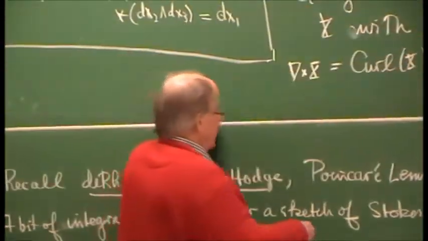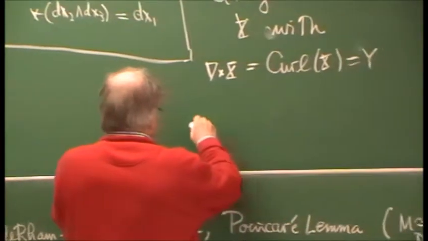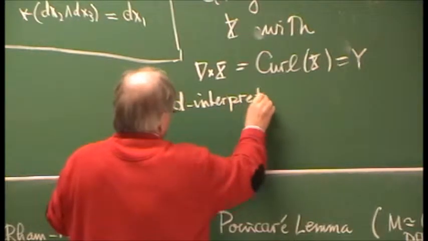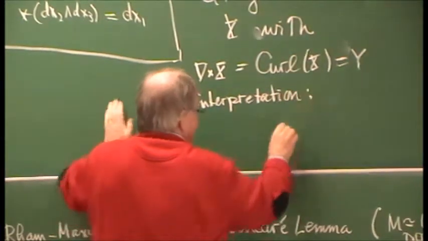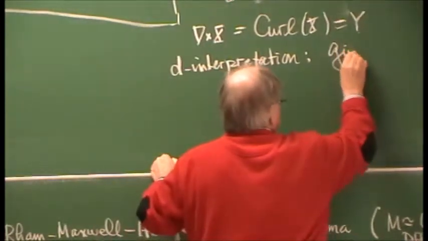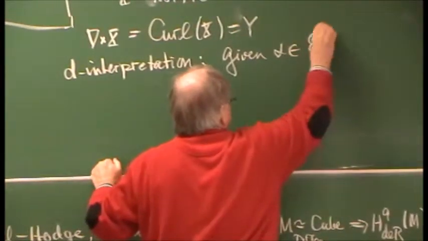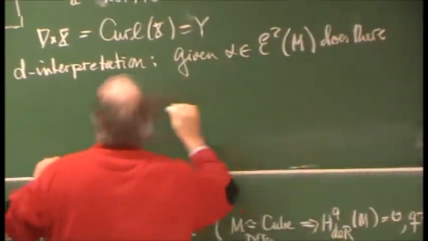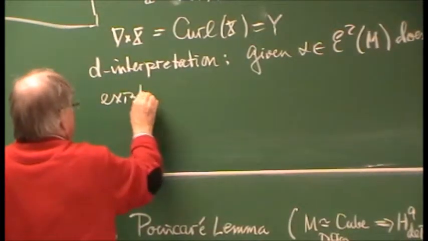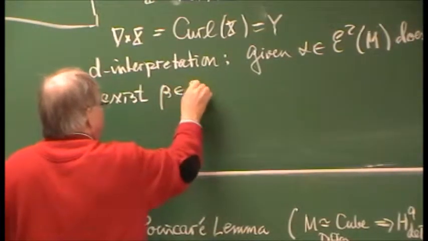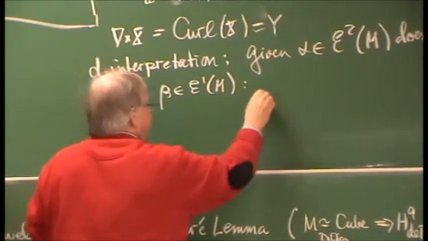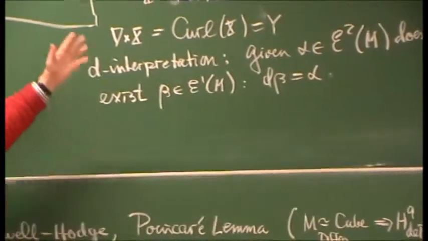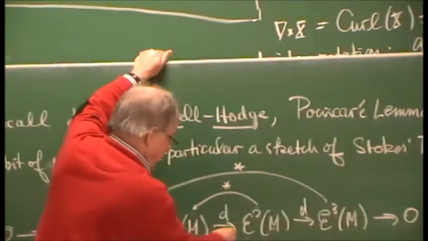So you just reinterpret the d interpretation, and this question is: given a 2 form alpha, does there exist a beta, a 1 form, so that d beta equals alpha? That's the same question, because this is just the top line of this question.